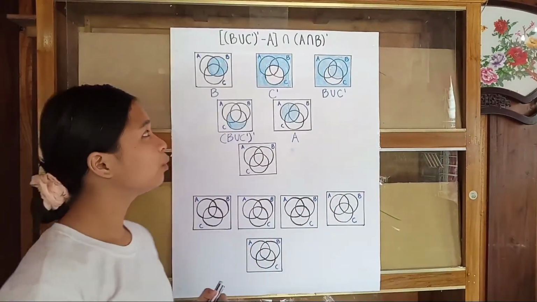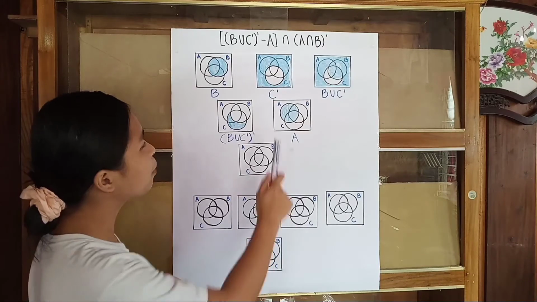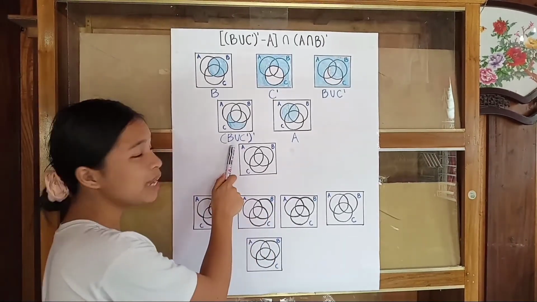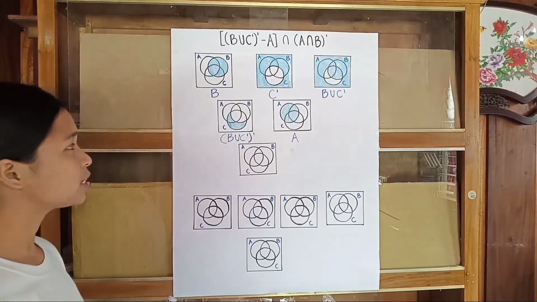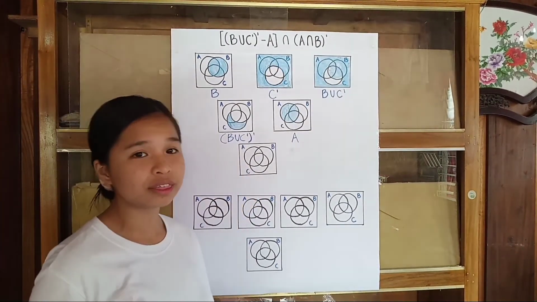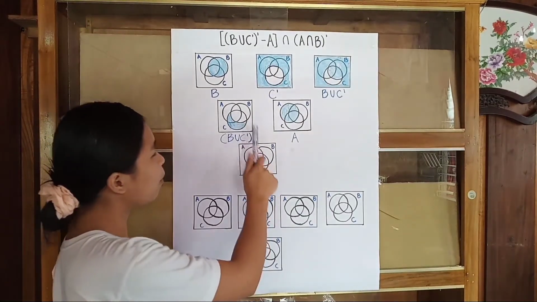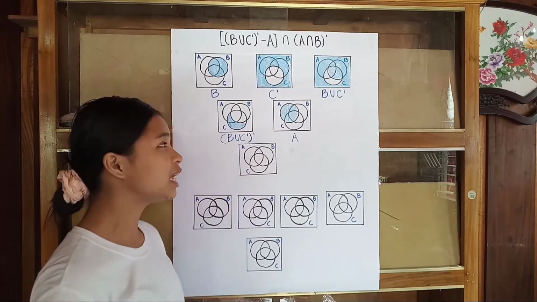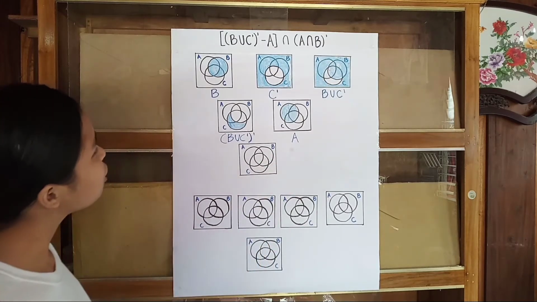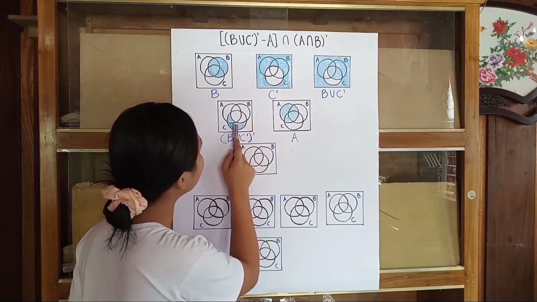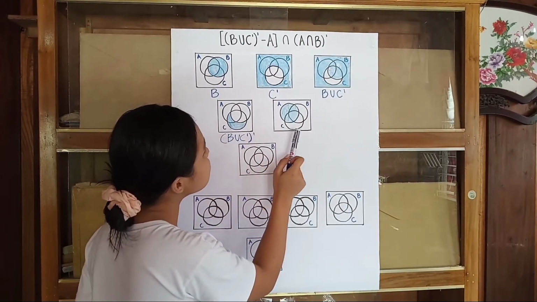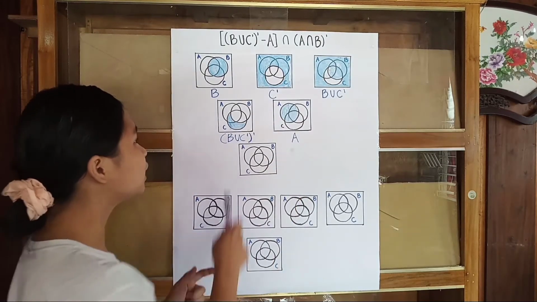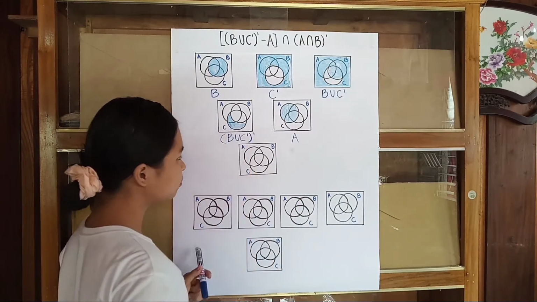Since we're done looking into A, we're going to subtract it from the complement of the union of B and the C prime. This means that we are going to shade everything that we can see in the complement of the union of B and the C prime that we can't see in the A. As we can visualize, this is the only part that is not shaded in the A. So this means that this is our answer.